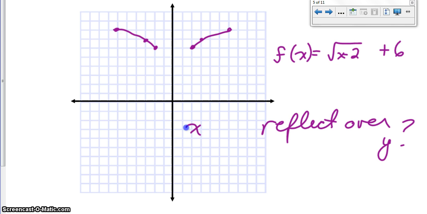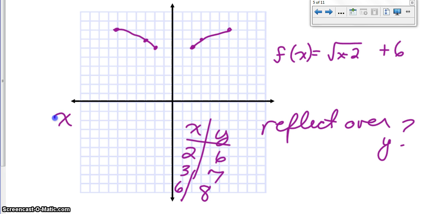Let's look at the xy table over here. X is 2, y is 6, x is 3, y is 7, x is 1, 2, 3, 4, 5, 6, and y is 1, 2, 3, 4, 5, 6, 7, 8. Now let's look on this side.